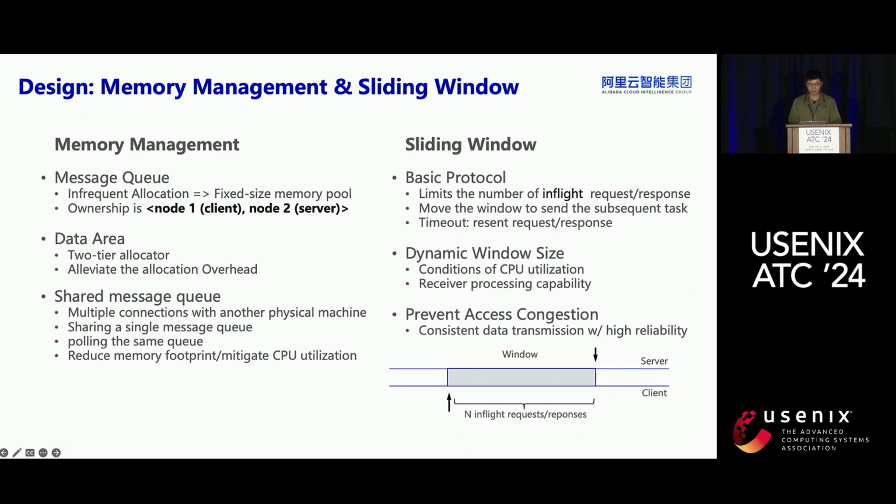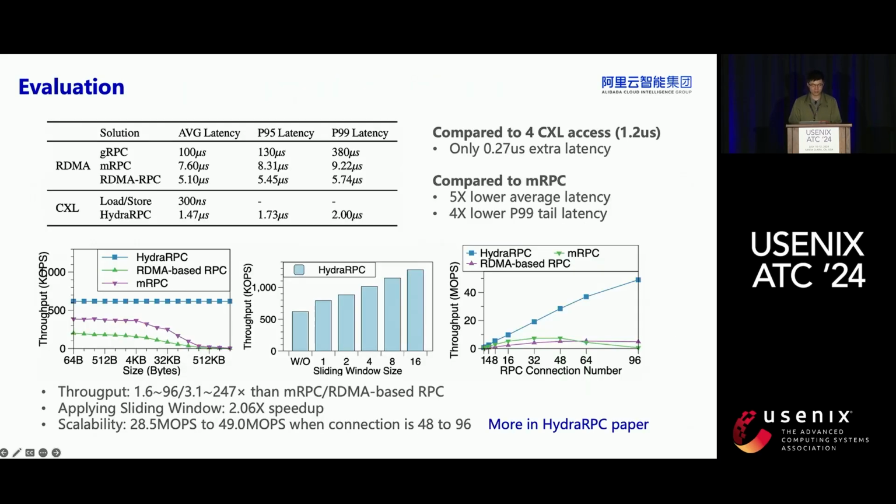Upon sending a request, the client starts a timeout timer. If the corresponding response is received before the timeout, the RPC task is completed, and the client moves the window to send the subsequent task. However, if a timeout occurs, the request must be resent. Sliding window can prevent access congestion of the CXL, ensuring a consistent data transmission rate with high reliability for applications.